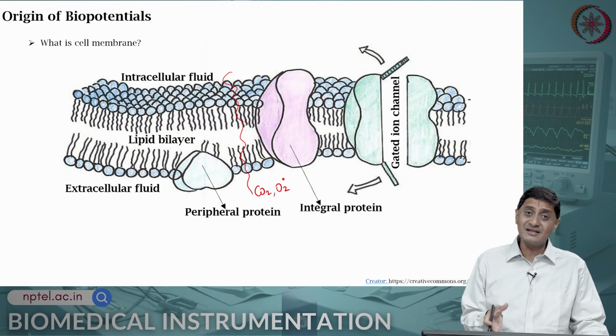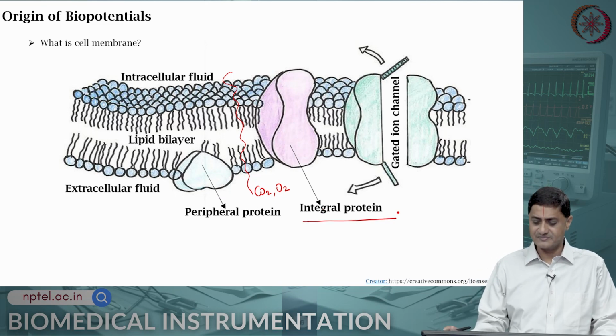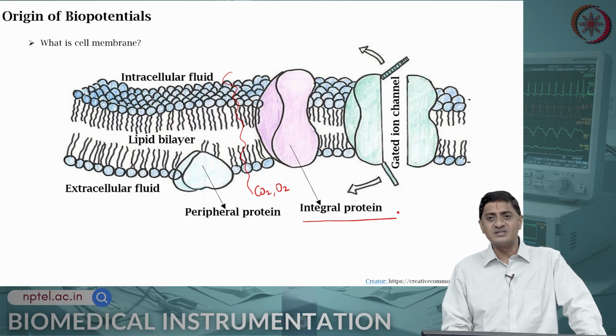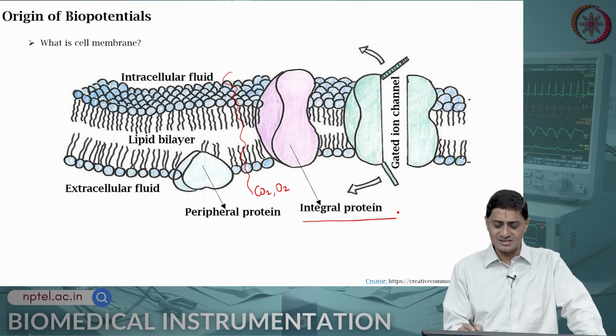Some proteins span the entire bilayer and these proteins are called integral proteins, and some of these proteins also selectively allow specific ions through what are called gating mechanisms. These are called gated ion channels.